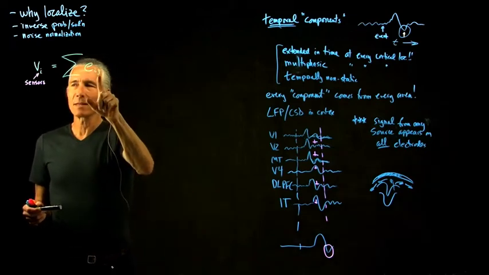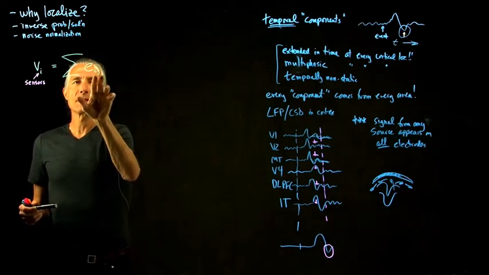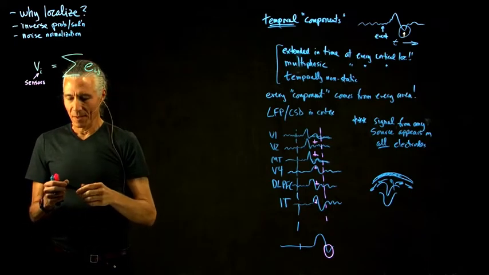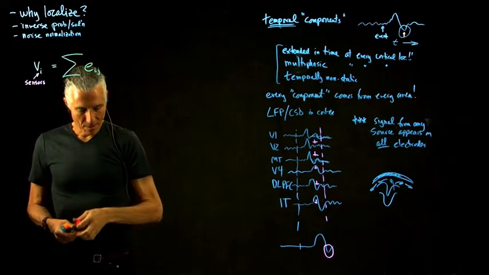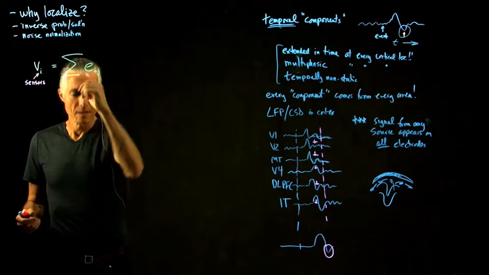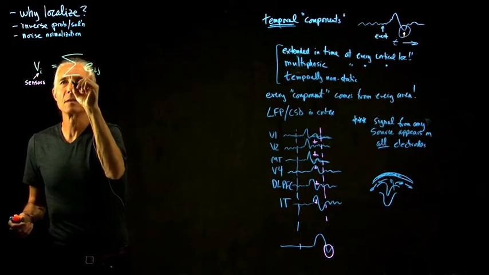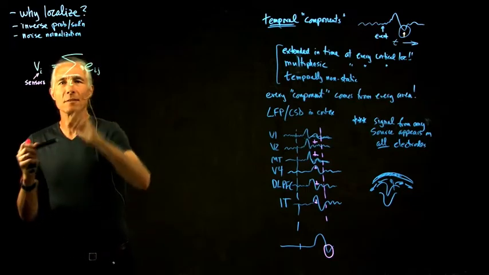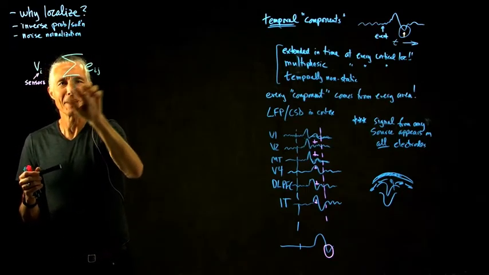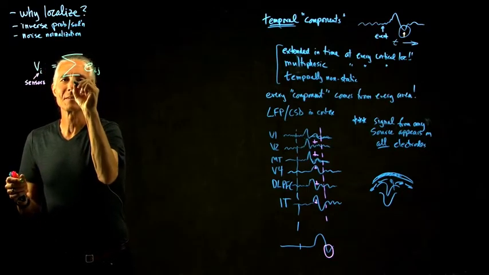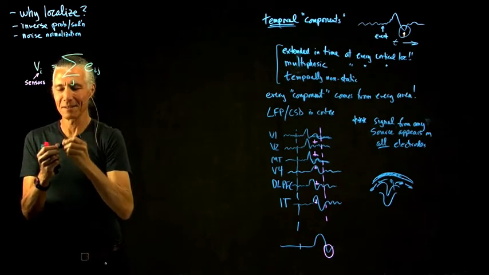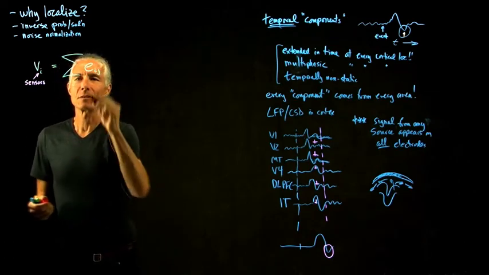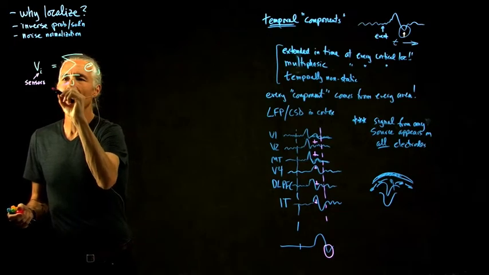So ij means that you've got all the possible combinations of sensors and sources. And here's the j, and the j are the sources.